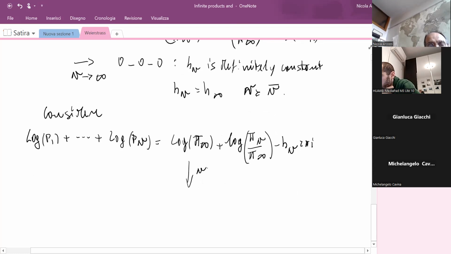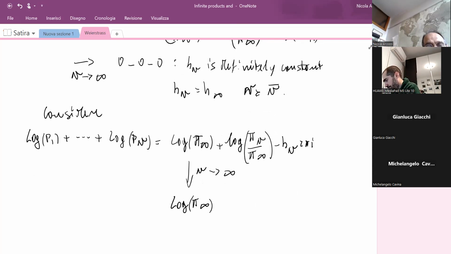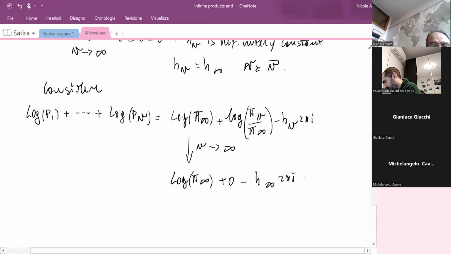And if I let n go to infinity, well, that goes to log of p_infinity plus 0 minus h_infinity 2 pi i. So the limit exists. Okay.